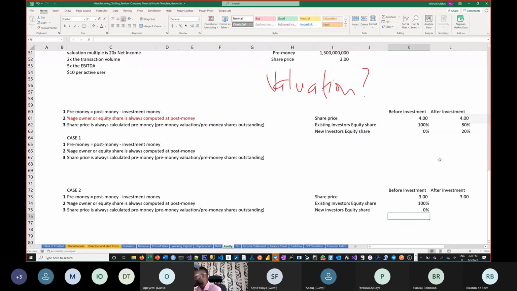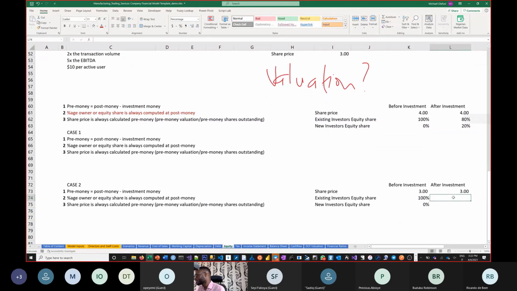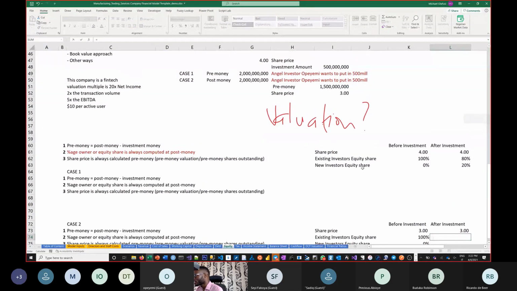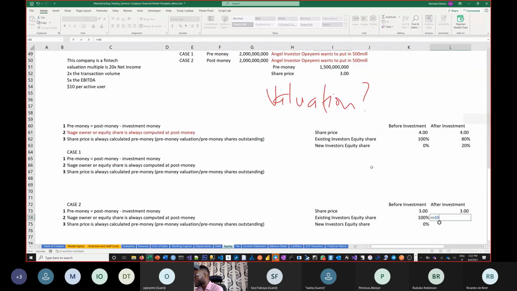And then this is the easiest part for post-money. Post-money, you are just taking whatever money they are putting in, which we all know is 500 million, and you are dividing that money by the entire post-money valuation.